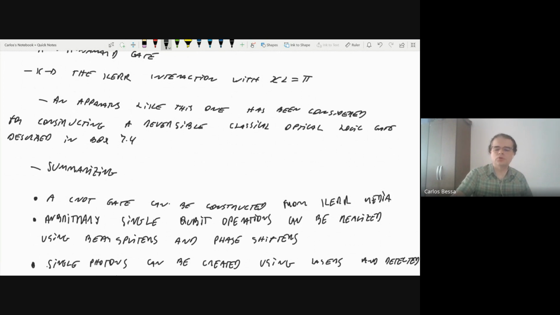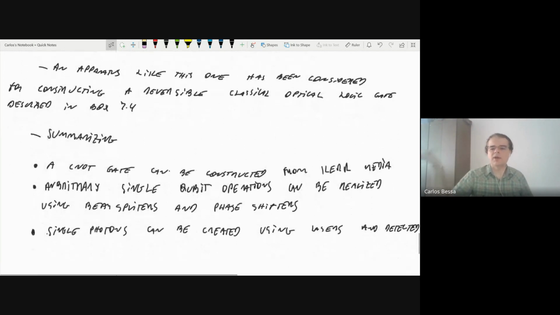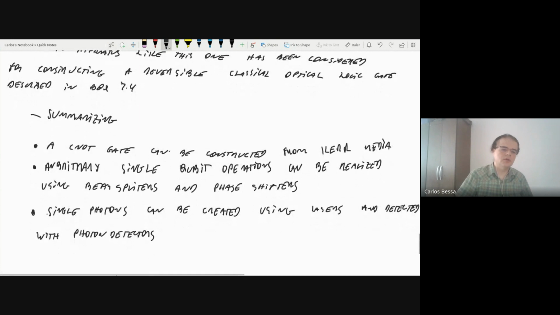Single photons, I use lasers, and my output can be detected with photon detectors. So in theory, those are the basic requirements to make computation.